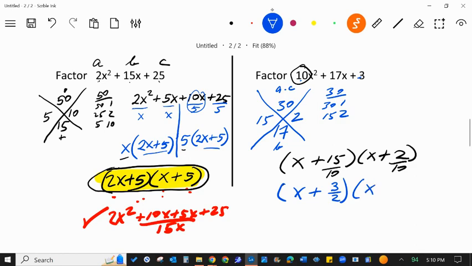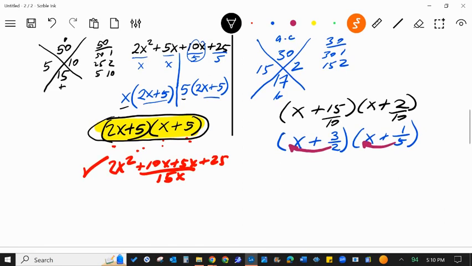And here, 2 goes into both of these, so I get a 1 and a 5. But that means I need to take that 2 and put it here, and the 5 and put it here. So my final answer for this is going to be 2x plus 3 and 5x plus 1.